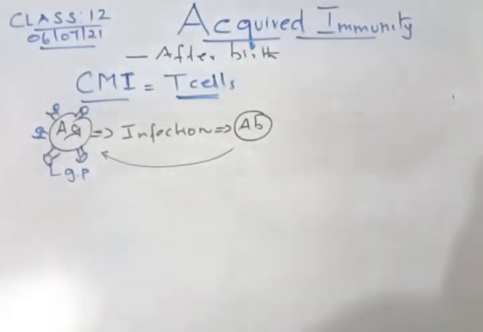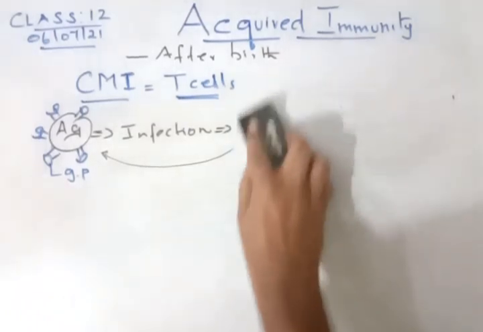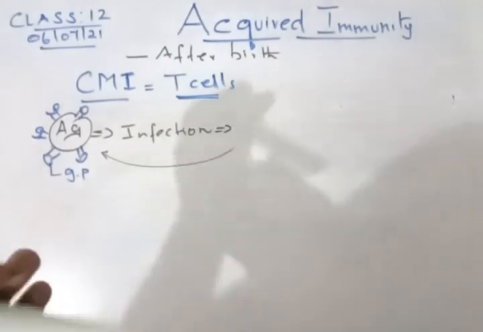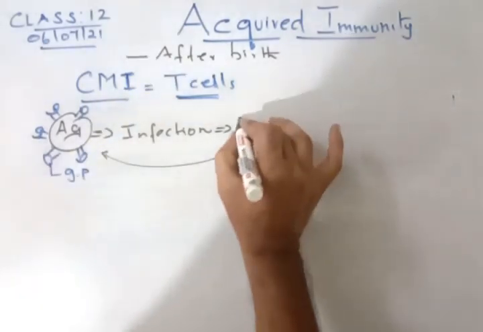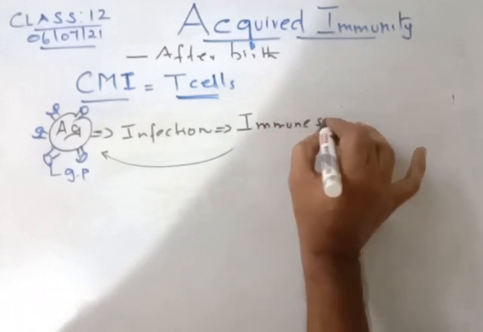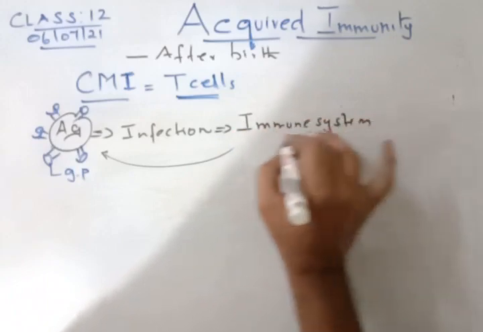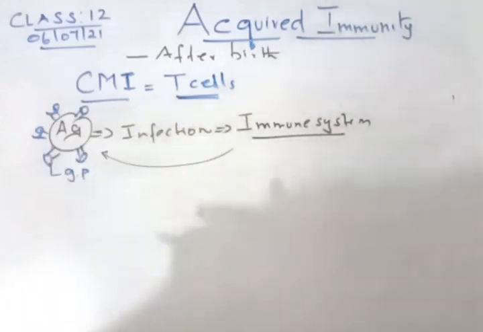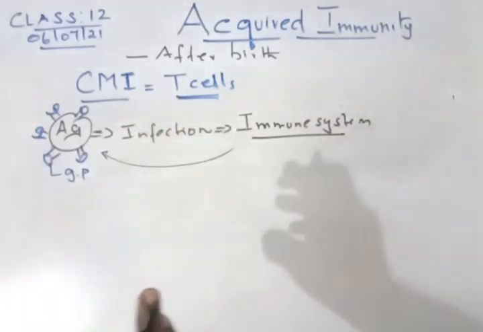We will call it the immune system, and only then can we come to the antibody, because first the immune system has to recognize it. When the antigen infects the human body, the immune system has to recognize this antigen. How does the immune system recognize the antigen?